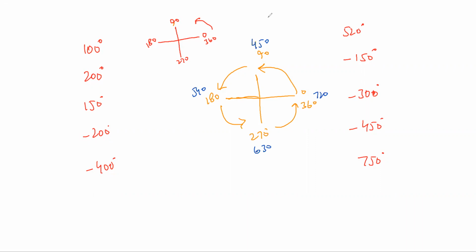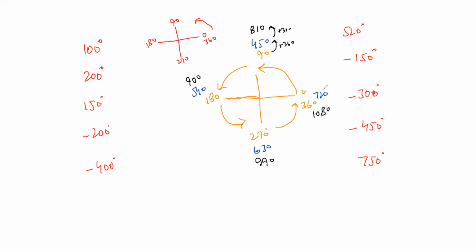Okay, if I go further, then I'll have here 810. Just like you see, 90 plus 360 is 450, and then plus 360 is going to be 810. Now this is going to be 900 over here. This is going to be 990, and this is going to be 1080.